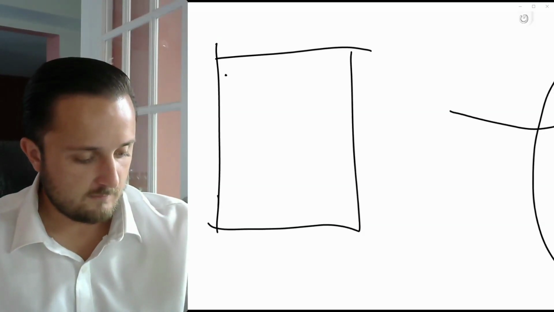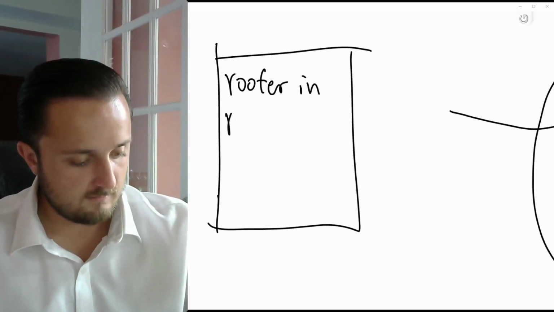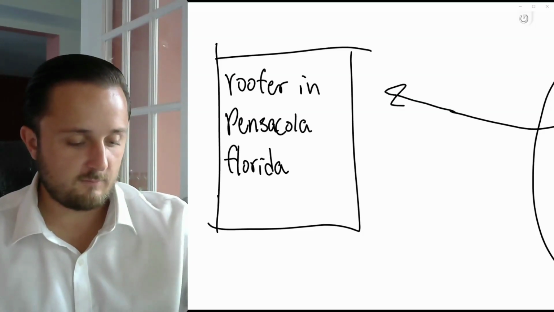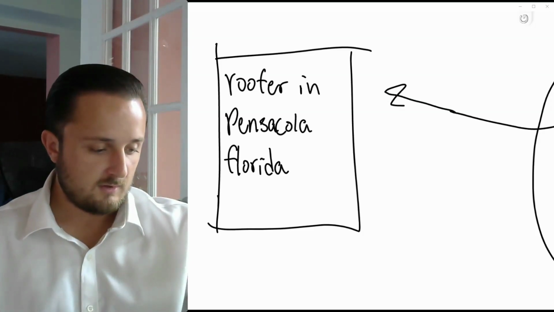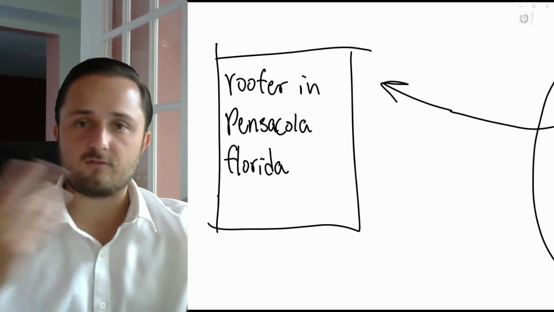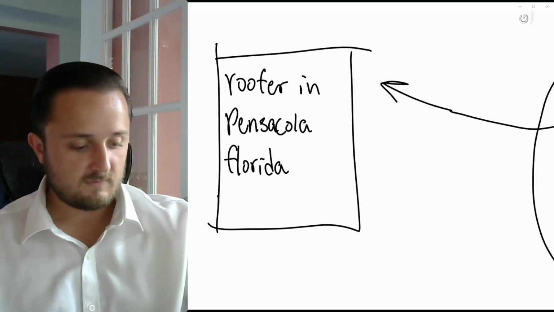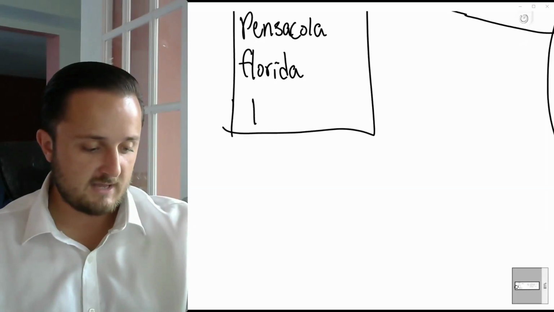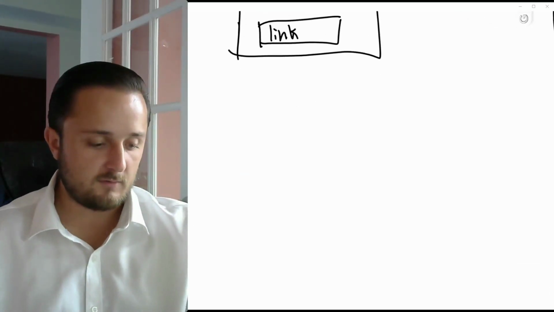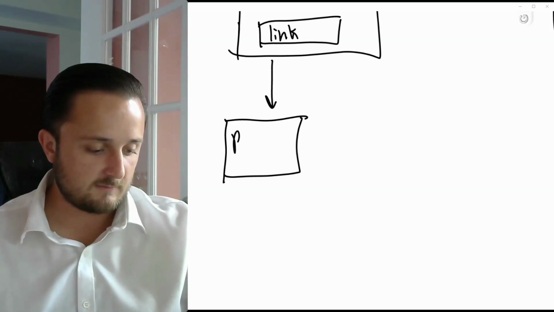Roofer in Pensacola, Florida, right? We have this location page, which is trying to target the keyword roofer Pensacola, right? From this page, we have a link to our other location areas, but maybe let's say we only did one link, right? We did Pace.